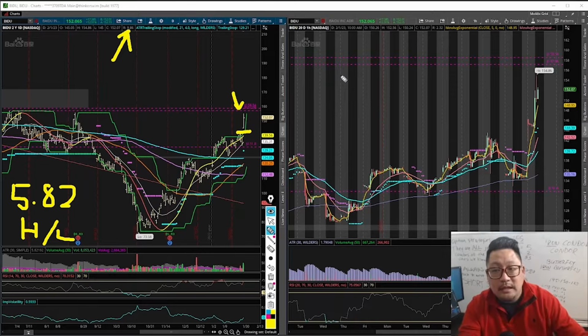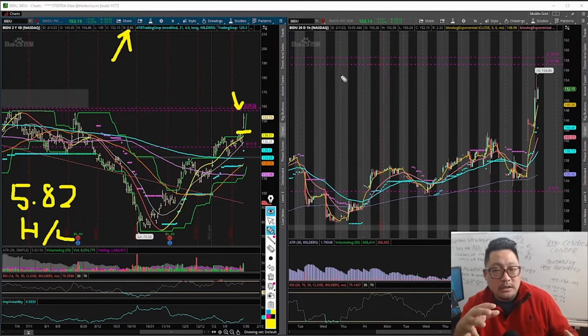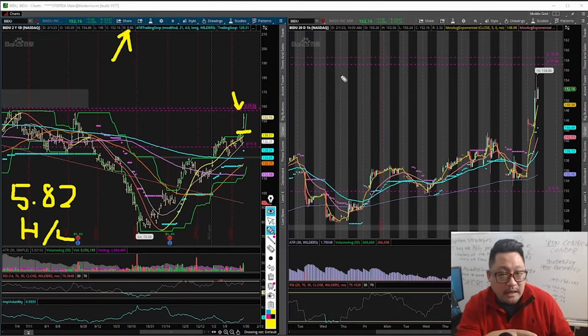And so they started piling in, and boom, next thing you know, another 4-point jump from that moment. This is really important, folks, because if we recognize once stocks expand beyond that ATR, we know that pricing movement could be very, very significant.